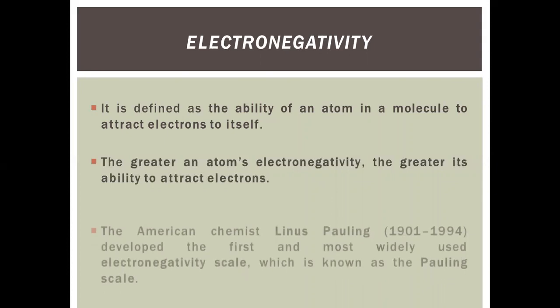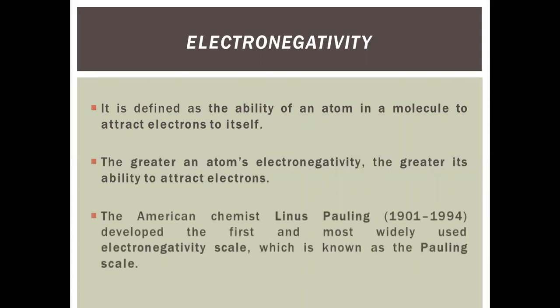The American chemist Linus Pauling, 1901 to 1994, developed the first and most widely used electronegativity scale, known as the Pauling scale, which we now use to measure the electronegativity of atoms.